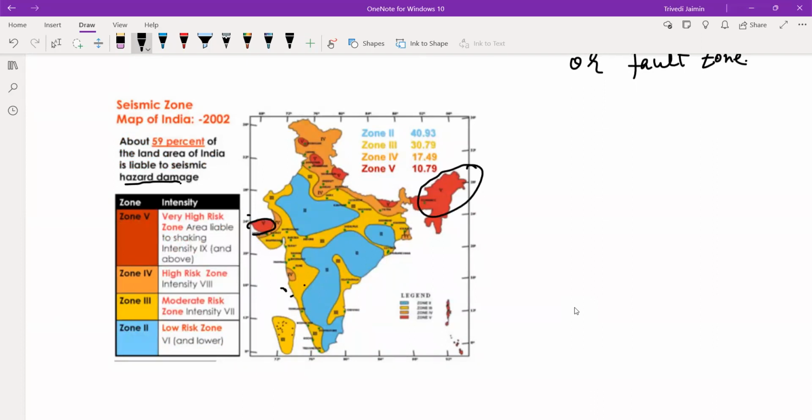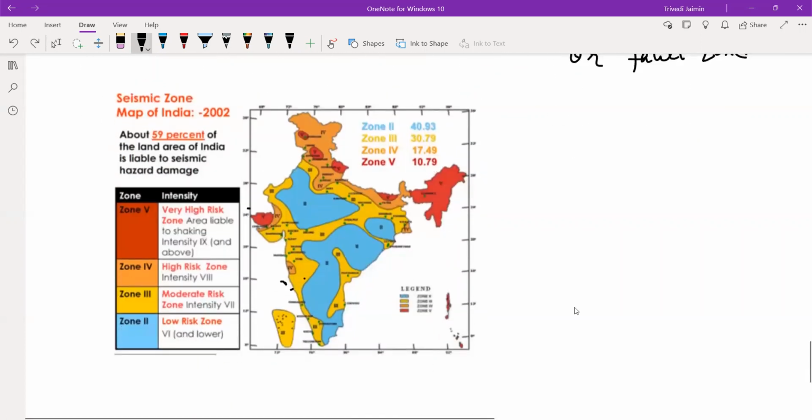Sir, so Goa is also a high risk zone. Yeah, high risk zone. Sir, are the high risk zones near the boundaries of the tectonic plates? Yeah. So when an earthquake comes in Goa, will the seawater rise up and cause floods?